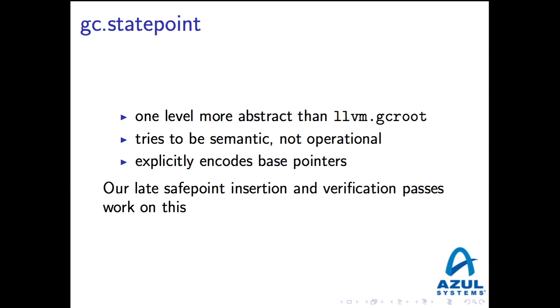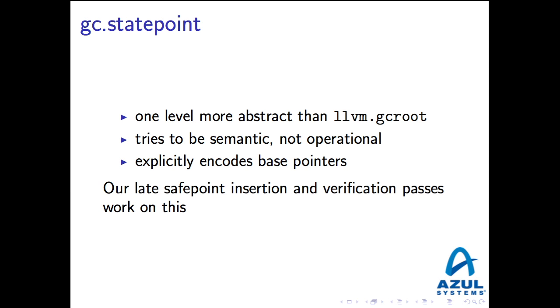It's not operational. It does not say that the Safepoint poll spills something and reloads it. It just says that it will do something that is consistent with this interface. And it has an explicit notion of a base pointer. So the notion of the base-derived relationship is expressed directly in IR, and you don't have to follow any convention or run an analysis to figure out the base pointer for a given derived pointer.